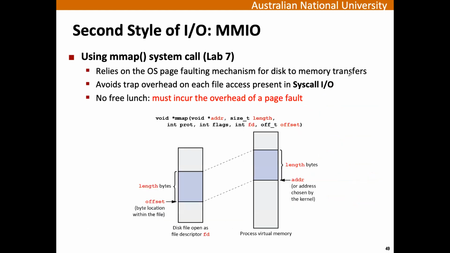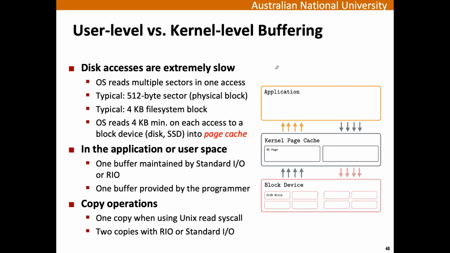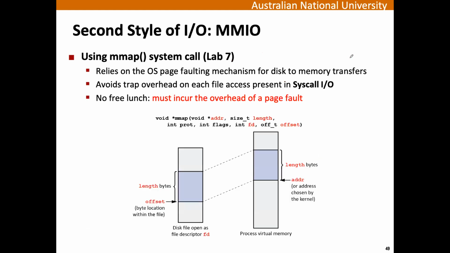All of what we did today is called syscall IO. You use explicit system calls, read and write, to initiate disk transfers. Now we know that there is a second style of IO, and we have already seen that. Let me refresh your memory: MMIO, memory mapped IO, using the mmap system call.